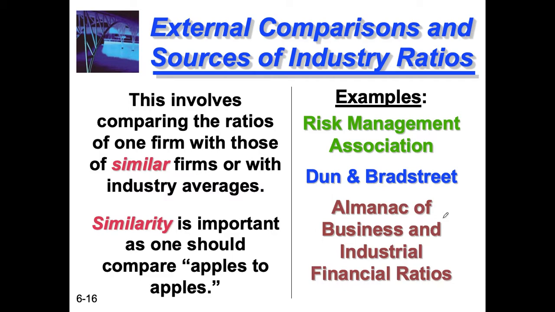Now we move to external comparisons and sources of industry ratios. External comparison involves comparing the ratios of one firm with those of similar firms or with the industry average. Jadi dibandingkan dengan perusahaan yang sejenis ya atau dengan rata-rata industri.